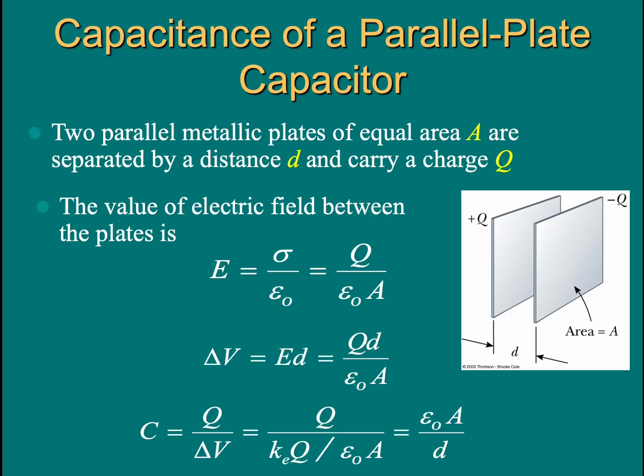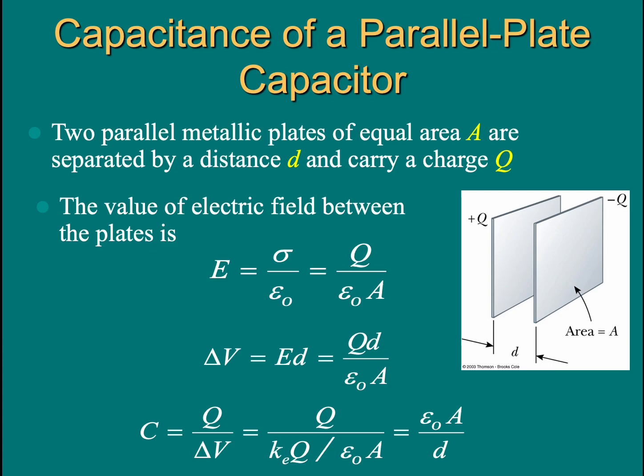We can derive a very simple equation to calculate the capacitance of a parallel plate capacitor. We know the electric field between two metal plates is given by charge density divided by epsilon naught, the constant we discussed, vacuum permittivity.